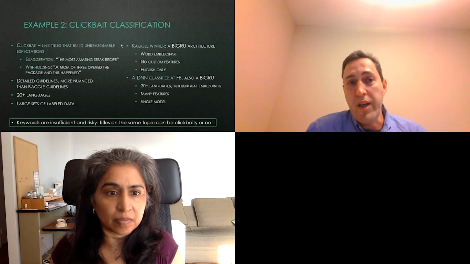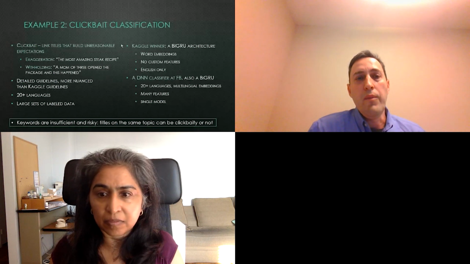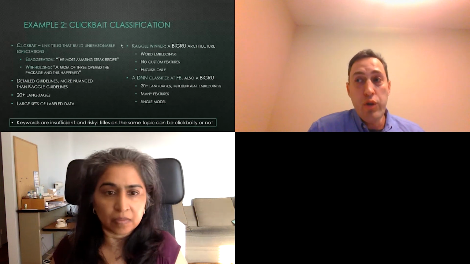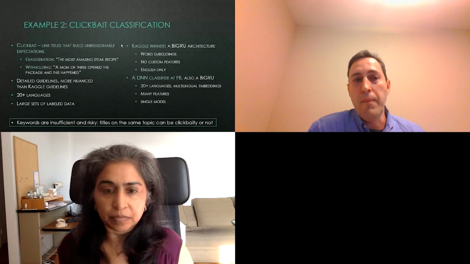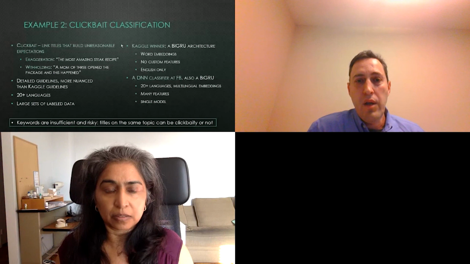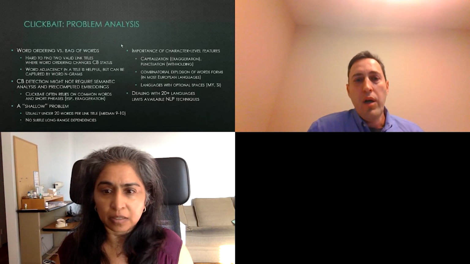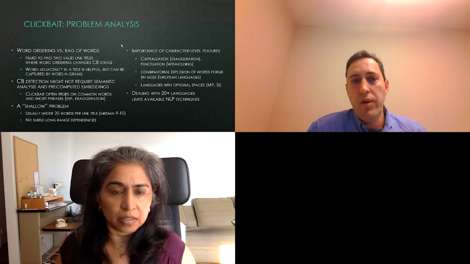Now, we do some problem analysis here, and you figure out that word ordering is not that important for clickbait because it's hard to find two examples of titles that essentially have the same words, but in different order, but different clickbait status. Okay, word adjacency is a little helpful, but it can be captured by word n-grams. So basically, you can use a bag of word n-grams.